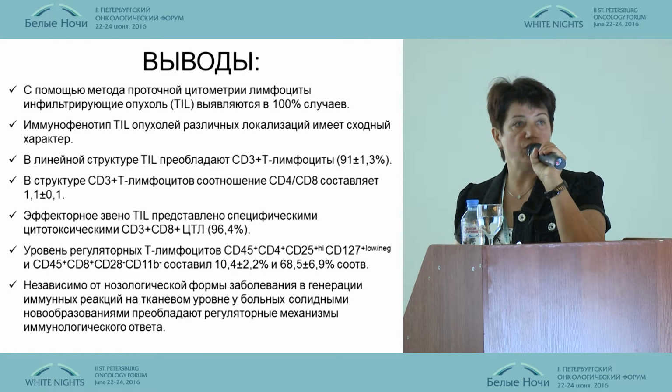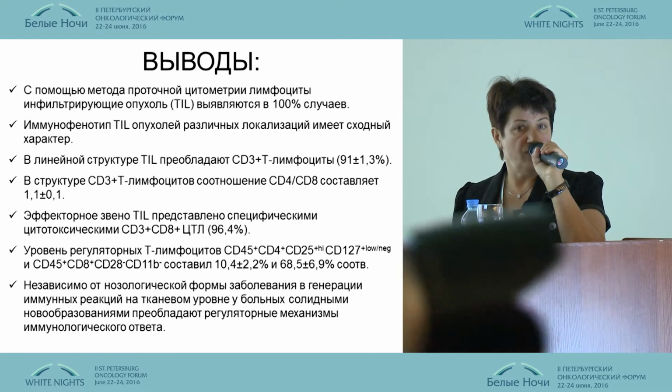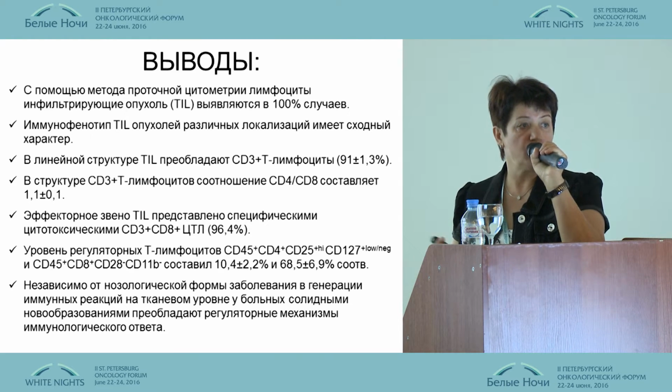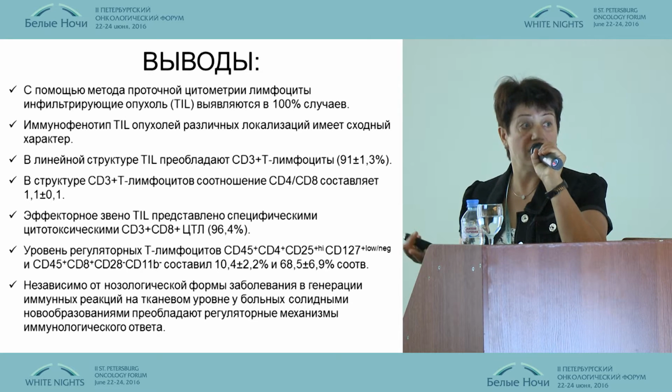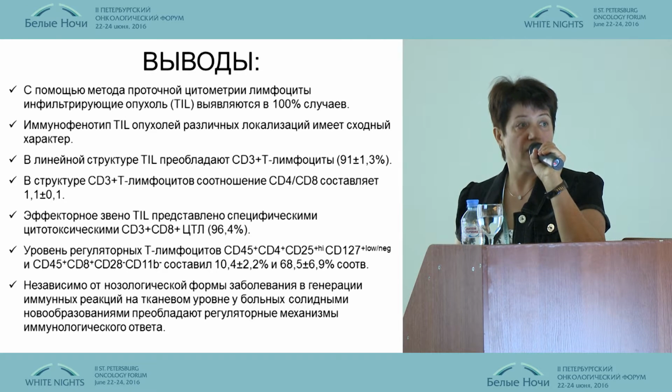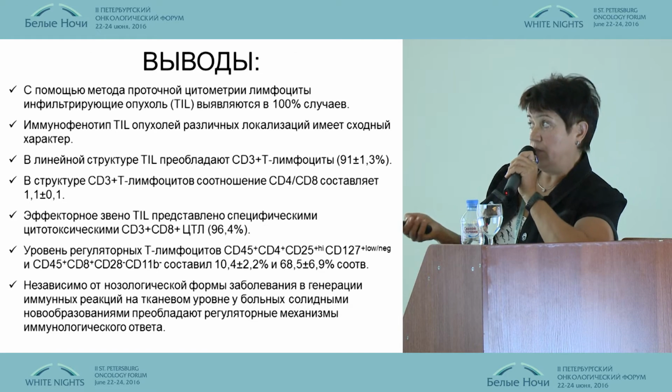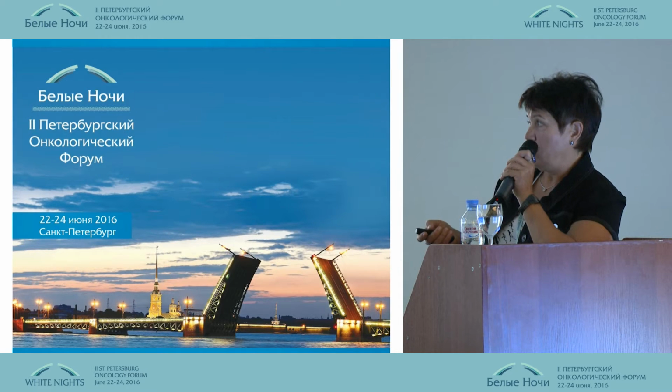When looking at lymphoid cells, T, B and NK, those must be 100%, plus minus 5%. If the T cells are 90%, then B cells and NK cells are 5 to 10%. And this is what we had actually.